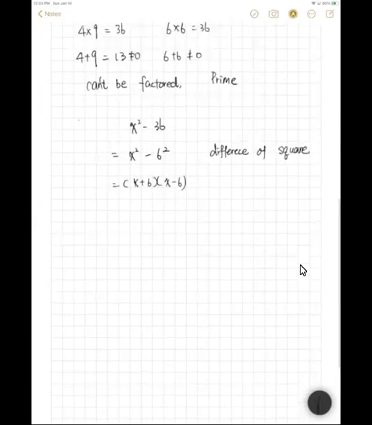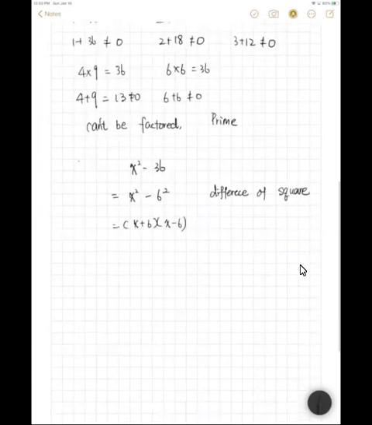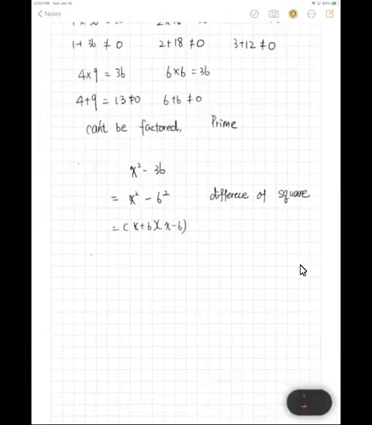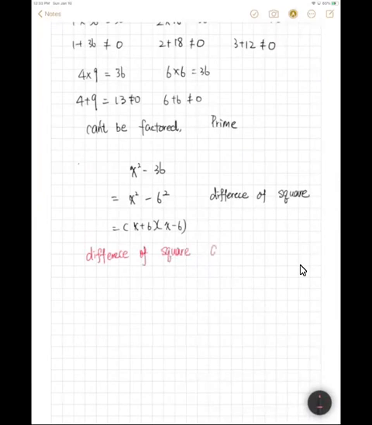So let me summarize it. For the difference of squares, we use the formula a squared minus b squared is equal to a plus b times a minus b.